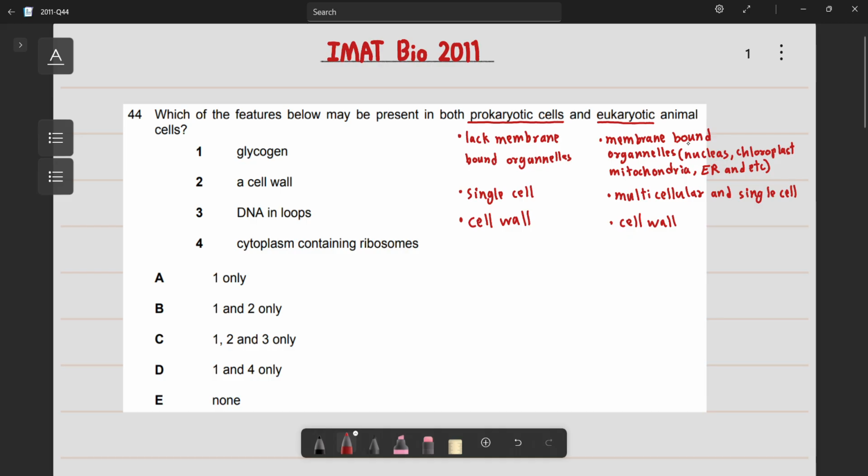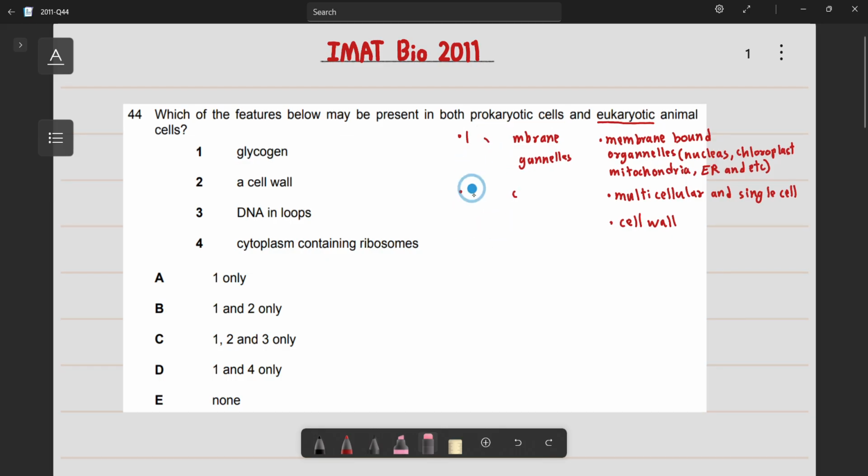The question mentions animal cell, and animal cells do not have a cell wall, but I'm being generalized about eukaryotes. Both also have ribosomes, because that's important for protein synthesis. So that's the very general idea about prokaryotes that you must know.